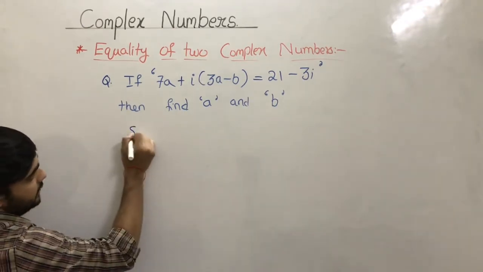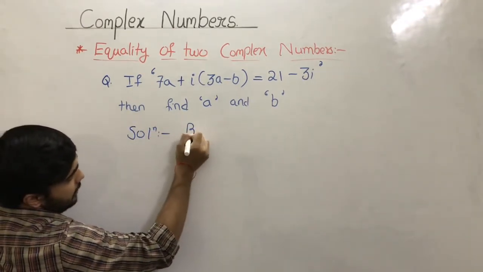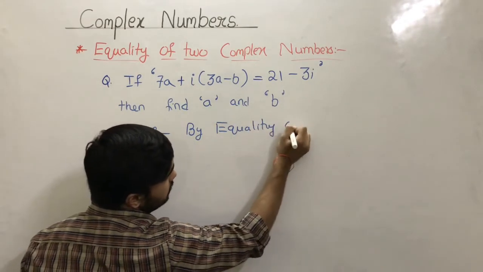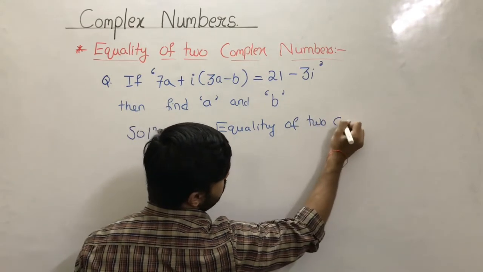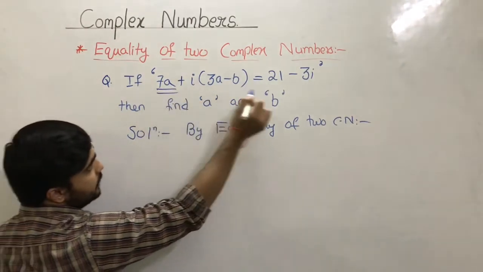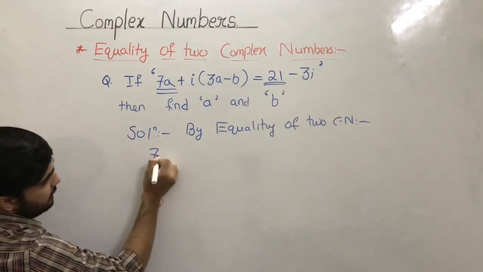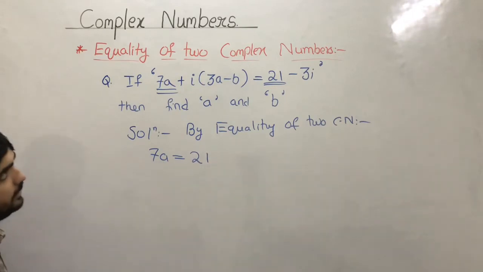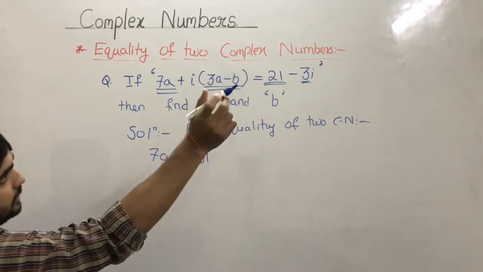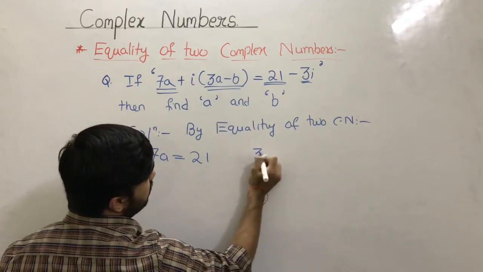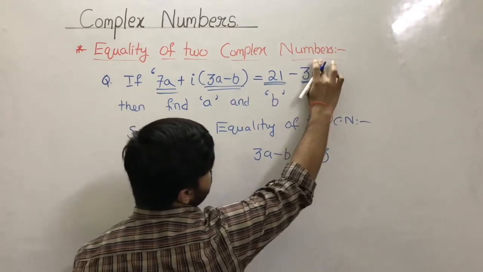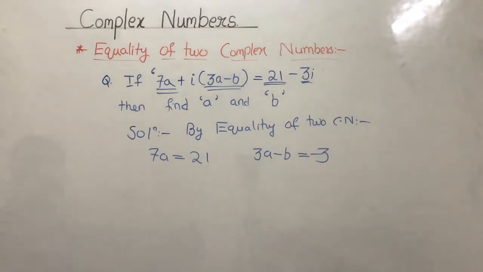Hence in the solution we can write, by equality of two complex numbers, real part is equal to real part, that is 7a is equal to 21 and imaginary part is equal to imaginary part. So in this we will take 3a minus b is equal to minus 3. Okay, so we have to just solve this now.